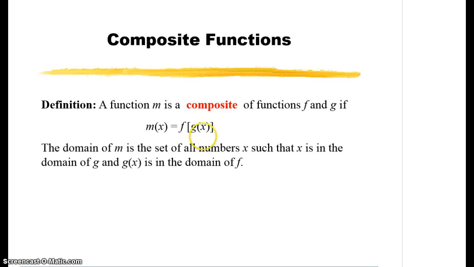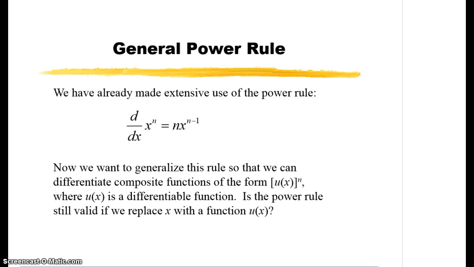The way this works is you have an input x that you input into the function g, and once you get the output g of x, that output becomes the input for the function f. That's why the domain of m, the composition, is the set of all numbers x so that x is in the domain of g and g of x, the output, is in the domain of f, because that output becomes an input. That's the key to it.